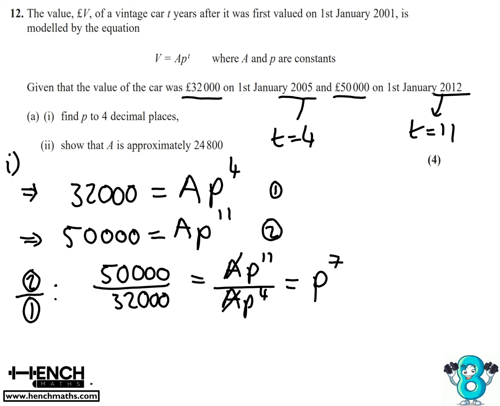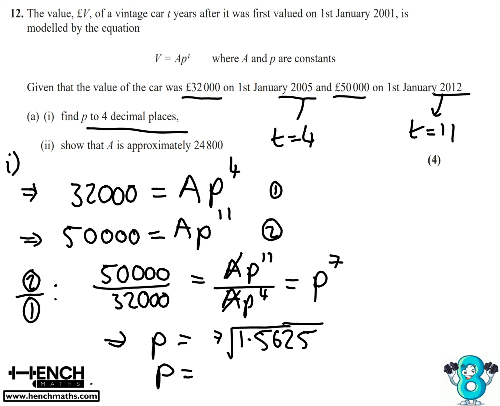So P to the power of 7 is this thing. Then P will be equal to the 7th root of 50,000 divided by 32,000, which is 1.5625. And so P, to 4 decimal places, will be 1.0658.